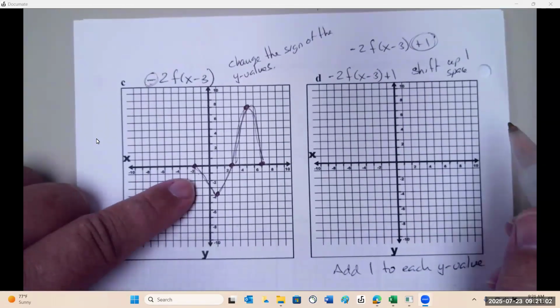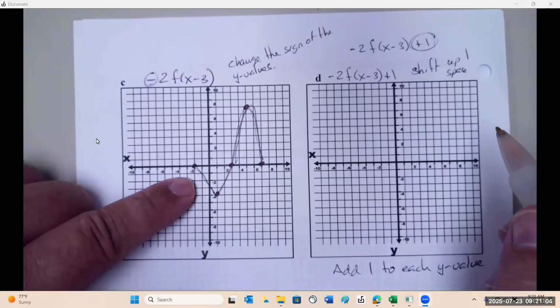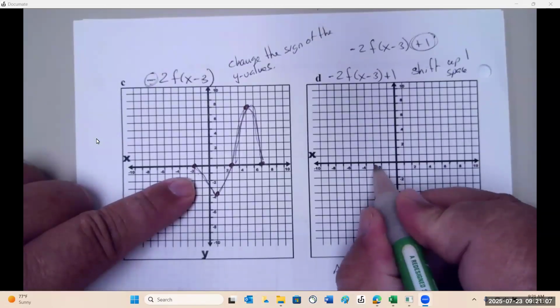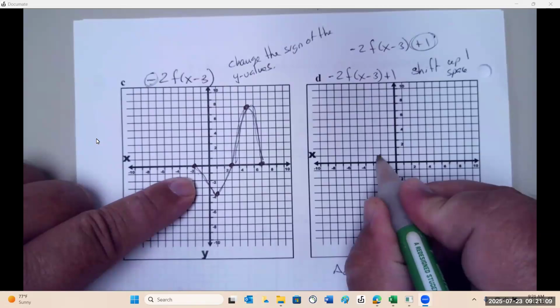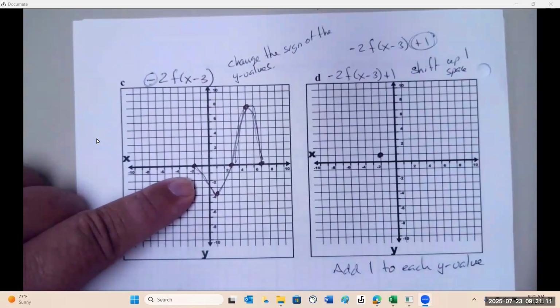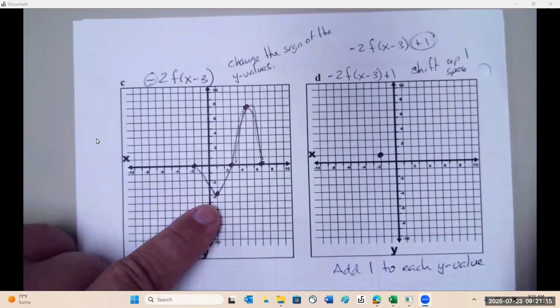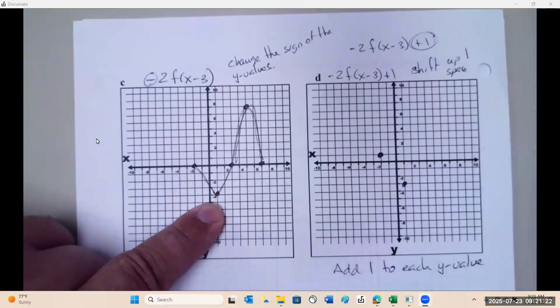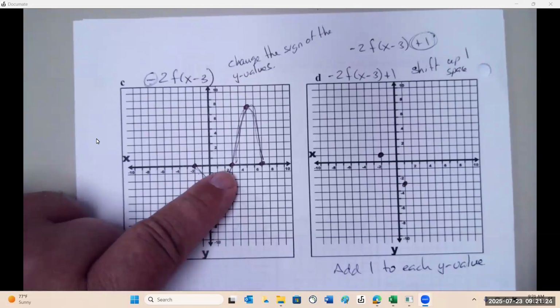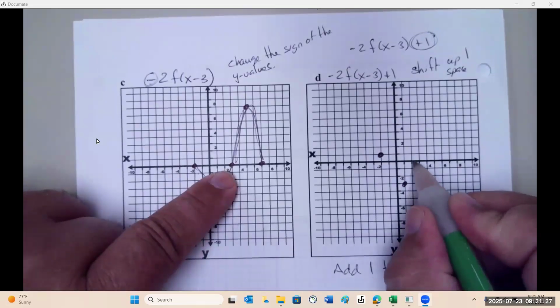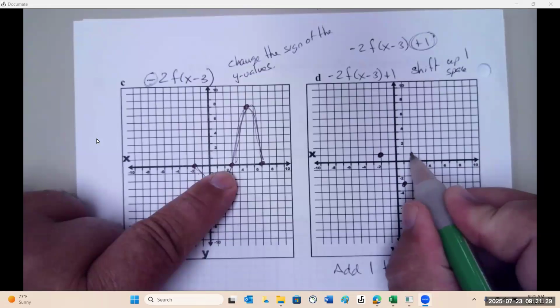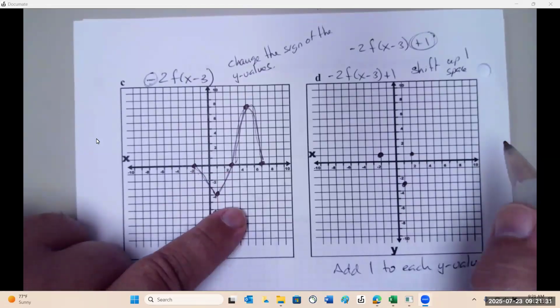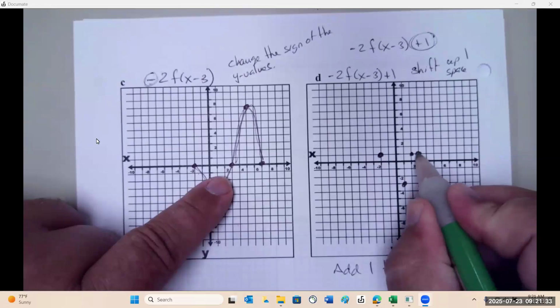So the first one was at -2, 0. It now becomes -2, 1. I add one to the y values. The next one is at 1, -4. It becomes 1, -3. It was 3, 0. Now it's 3, 1.